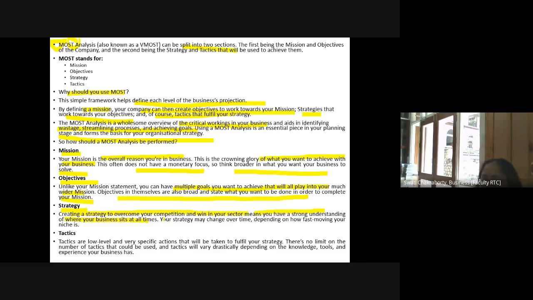Your strategy may change over time depending on how fast moving your niche is. The niche means opportunity. Tactics are low level and very specific actions that have to be taken to accomplish the strategy. There's no limit on the number of tactics that can be used, and tactics will change drastically depending on the knowledge, tools, and experience your business has.